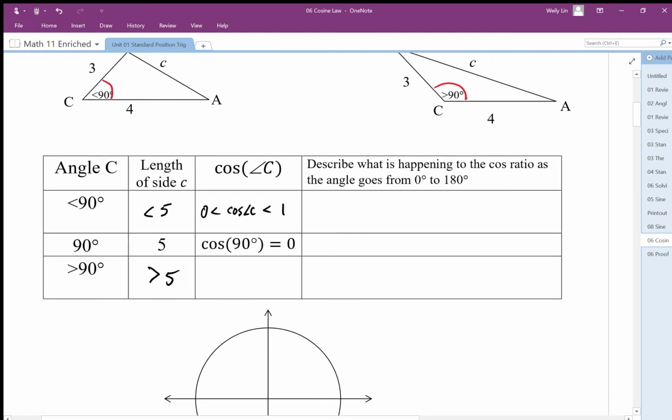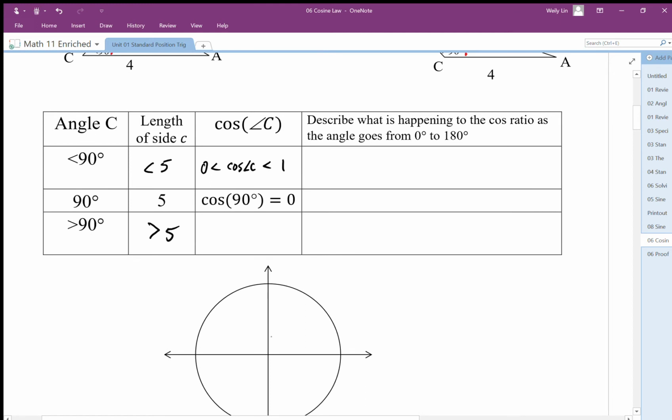As we get past 90 degrees, the cosine values are negative, so we end up between negative 1 and 0. This is going to be a negative amount.